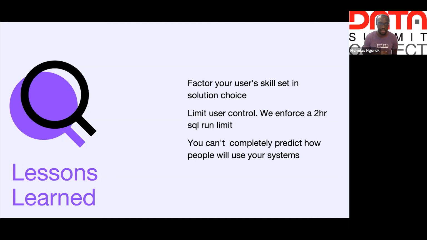The other thing we've learned is that you really can't completely predict how people will use your systems. When we created Sheik, we expected analysts to use it, and they have, but it's been a really great system, and we found other folks at the company, other data scientists, applied scientists, and even other engineering teams have started using Sheik to power product use cases.